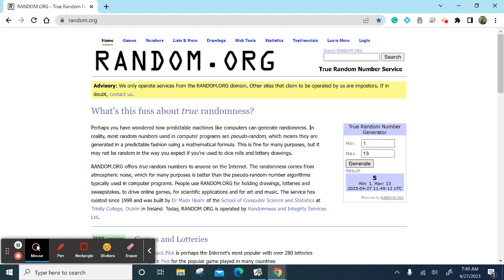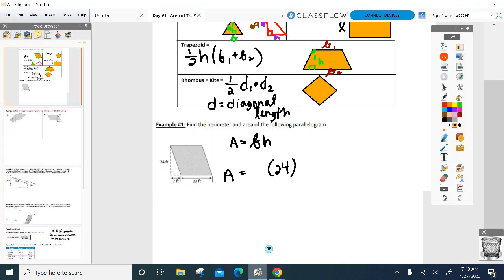You tell me, what's the base here? 23. 7 is not part of the parallelogram. You got to give me an actual side length. Good. And then we have A equals 552.